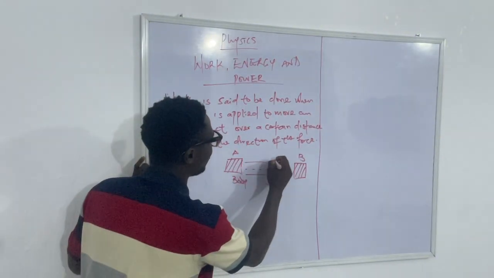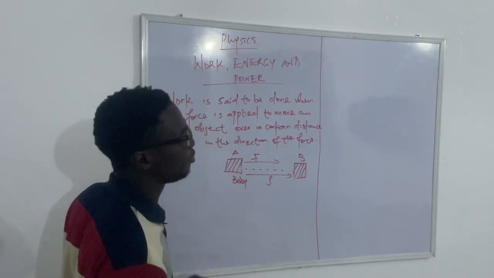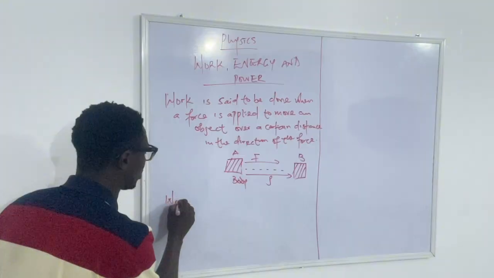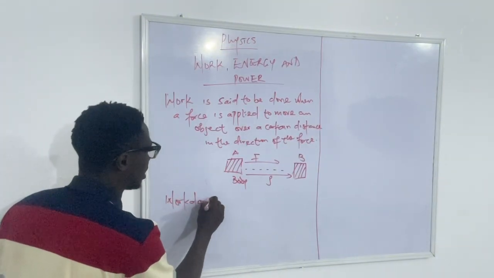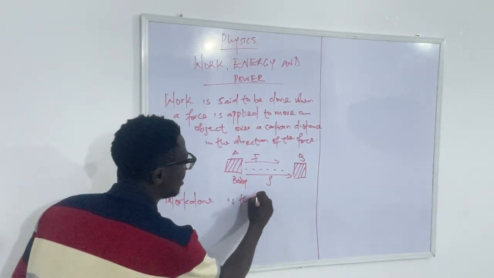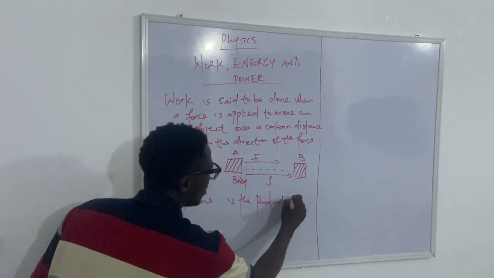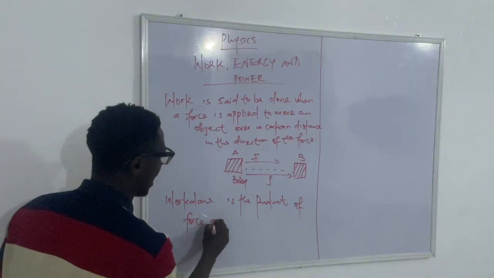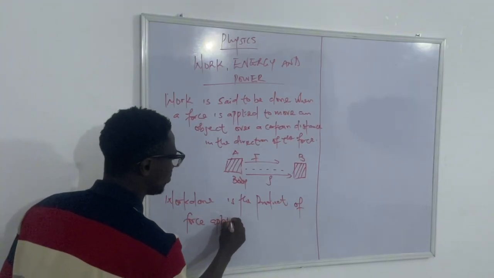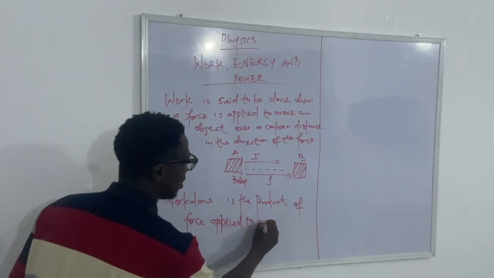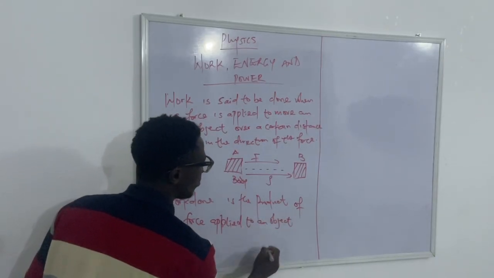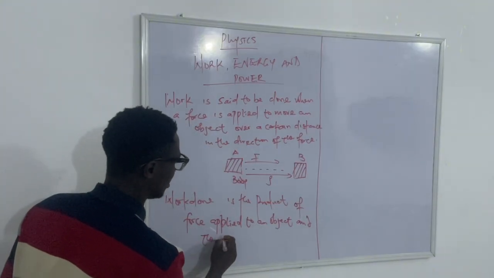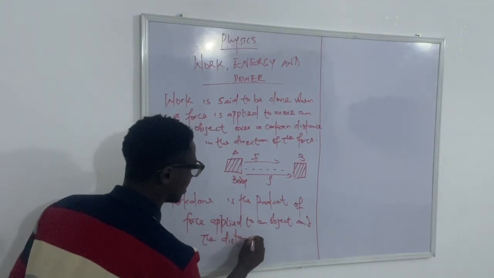So, for a certain applied force, are we together? Then you can say work done is the product of force applied to an object and the distance moved by the object.